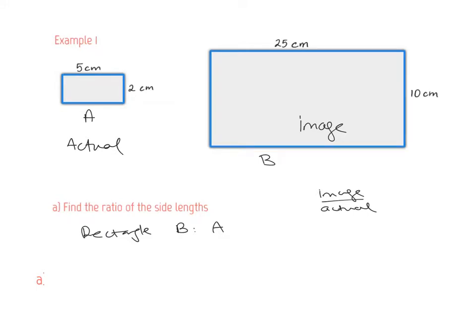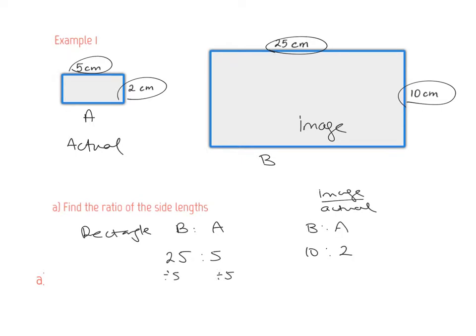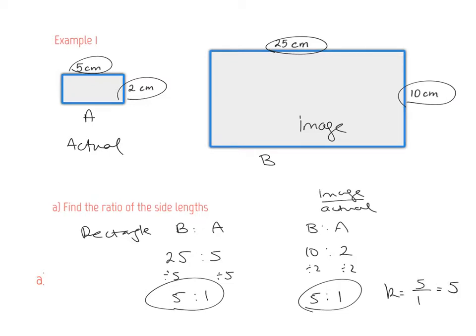So rectangle B to A, if I have a look at this, it's 25 to 5. I'm going to do B to A again, and that's going to be 10 to 2. I'm going to divide both sides by 5. That gives me 5 to 1. And if I divide this by 2, that also gives me 5 to 1, meaning that the scale factor is 5 over 1, or just 5.